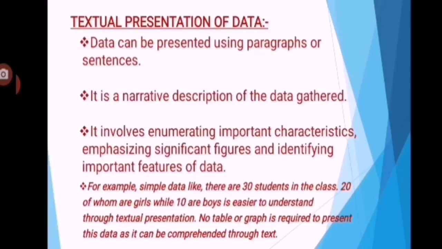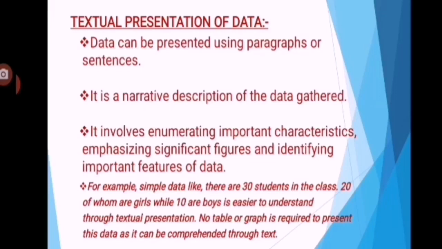First we shall see textual presentation of data. Data can be presented using paragraphs or sentences. It is a narrative description of the data gathered. It involves enumerating important characteristics, emphasizing significant figures and identifying important features of data.